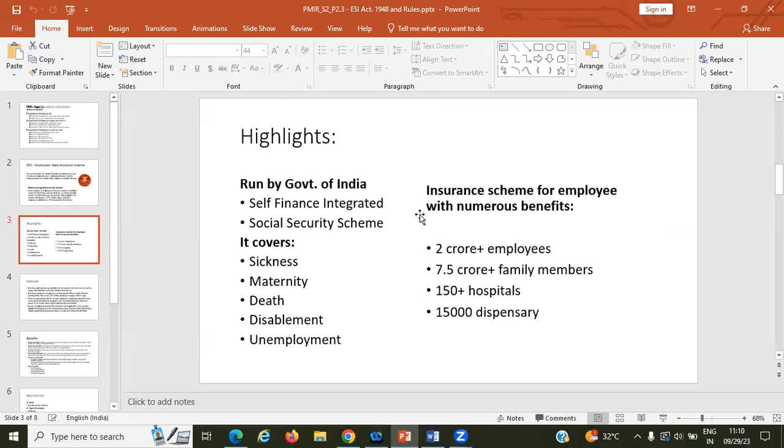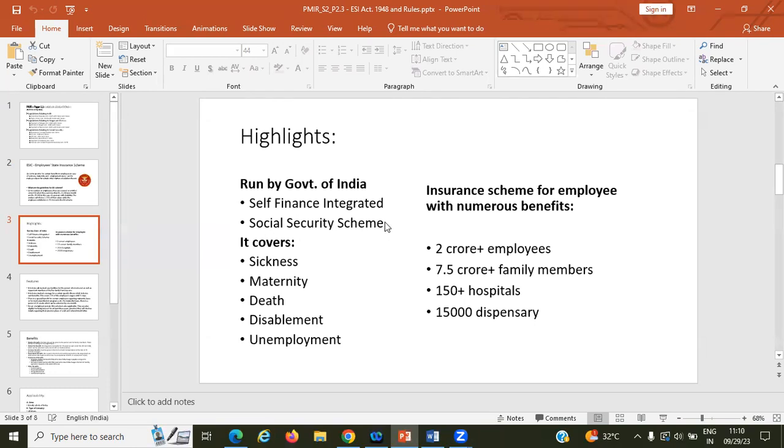What are the features, highlights? As I said, this is an insurance, and this insurance is executed and run by the Government of India, the central government. The central government has implemented this self-financing integrated social security scheme.